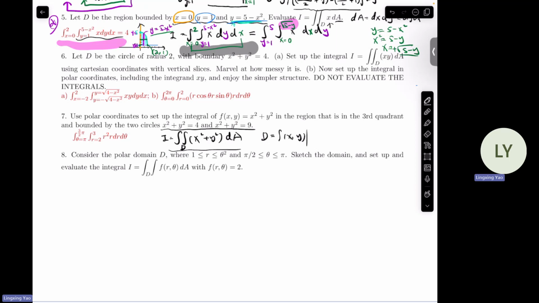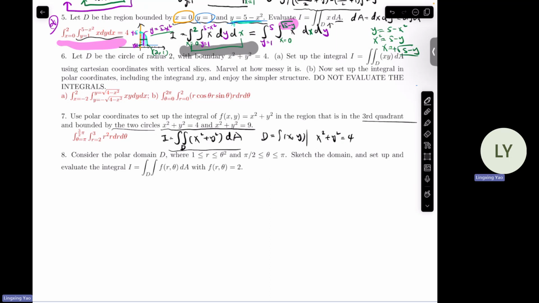Obviously, we can see x and y have to follow the description: the third quadrant bounded by 2 circles. Bounded by 2 circles means we have a lower limit, right?